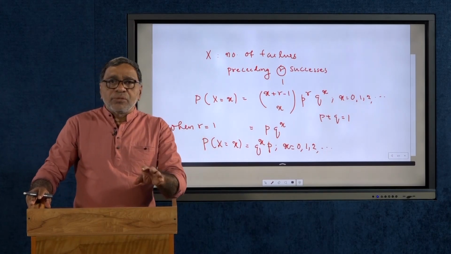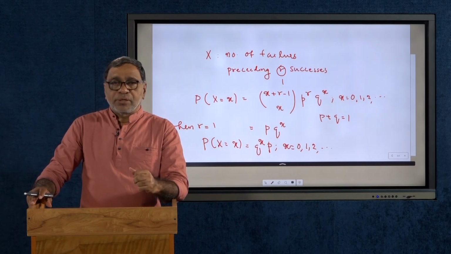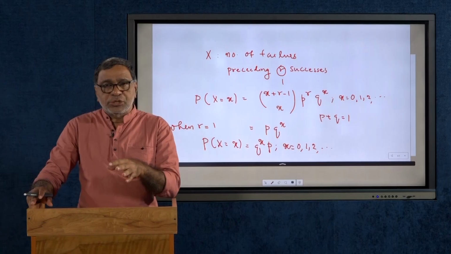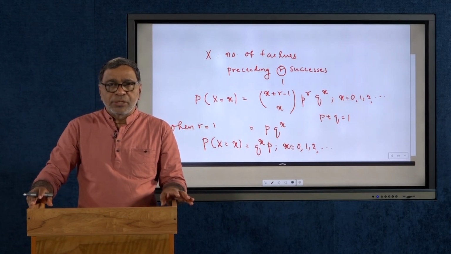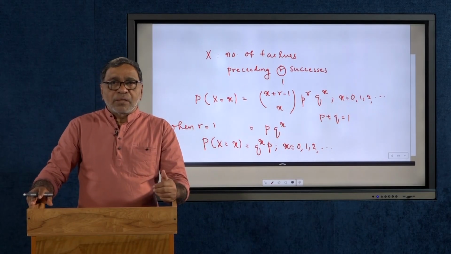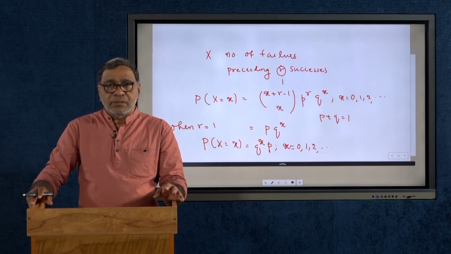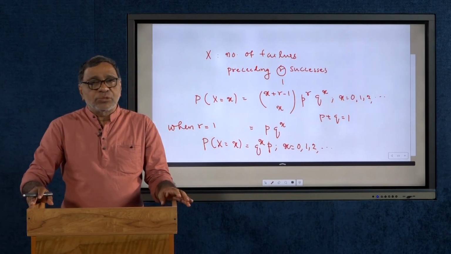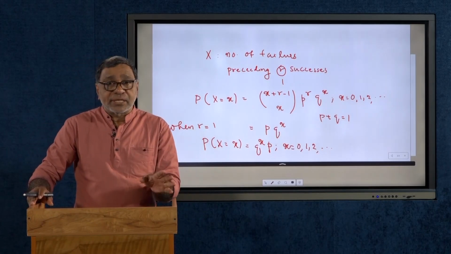So that means the negative binomial distribution is actually a general version of the geometric one, or we can say that the geometric distribution is a specific case of the negative binomial distribution. In the negative binomial distribution, we are modeling the number of failures preceding r successes. But in the geometric distribution, we are modeling the number of failures preceding the first success.